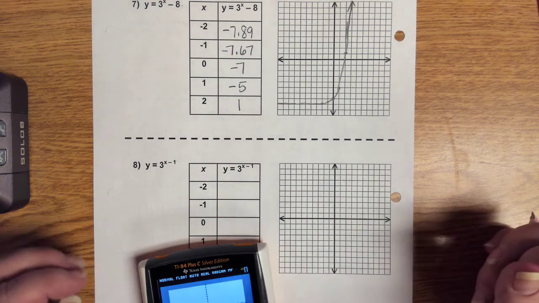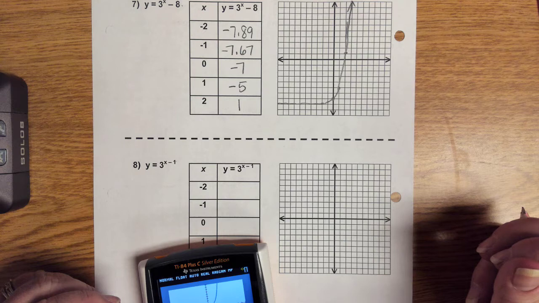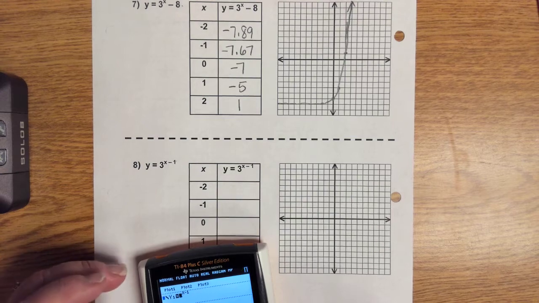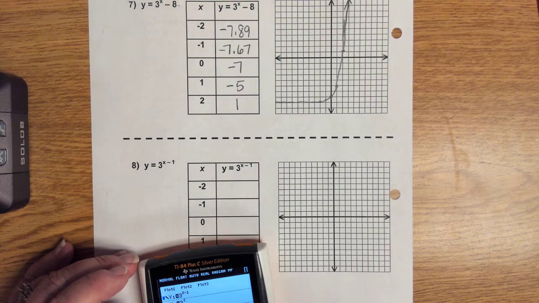Minus 1 equals 3. 1,006. Did you type it wrong, Ian? That's what I got whenever I entered it in. Oh yeah, it's the power, second. It's x take away 1.